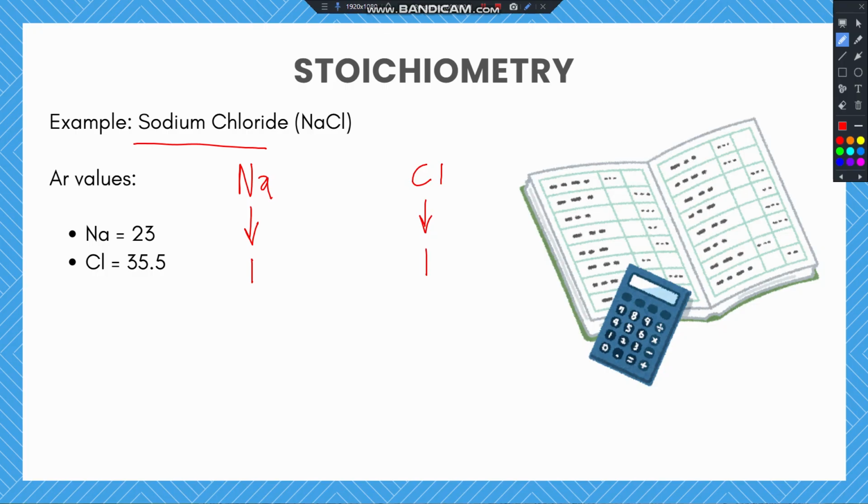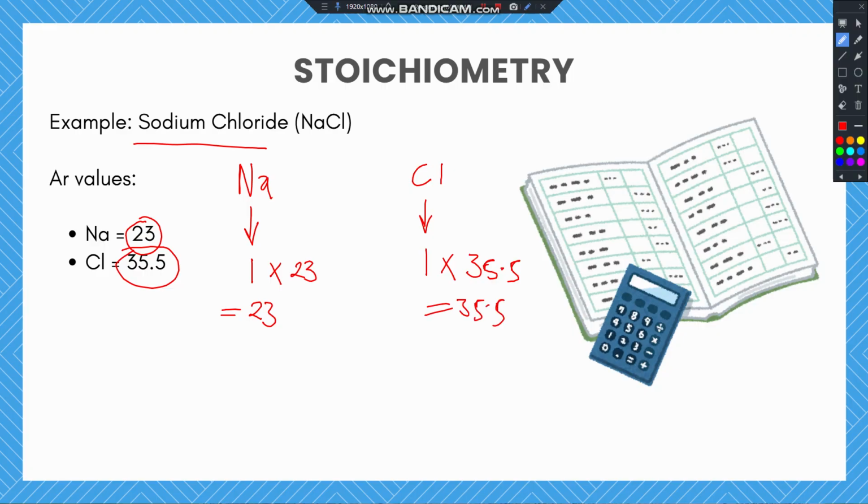Now the next thing would be to multiply each one by the relative atomic mass. Sodium becomes 1 times 23, which gives us 23. And then for chlorine, 1 times the relative atomic mass of chlorine, 35.5. This gives us 35.5.